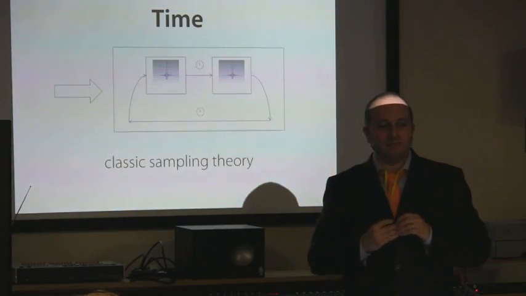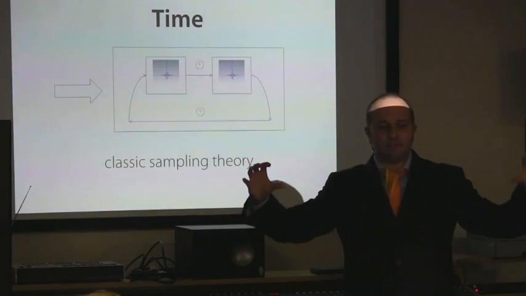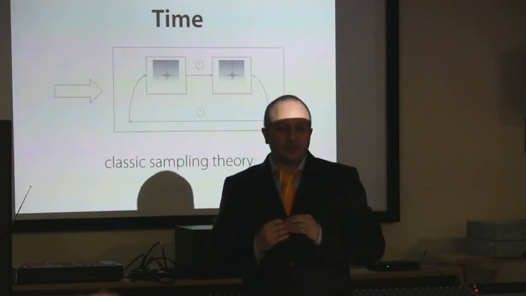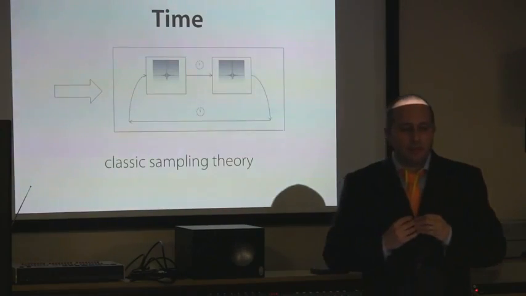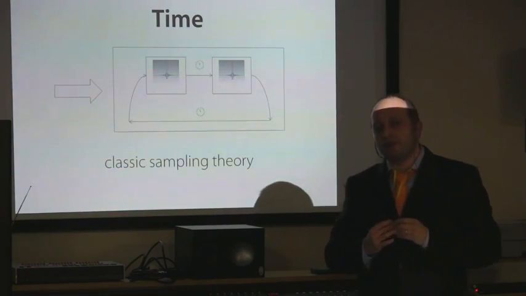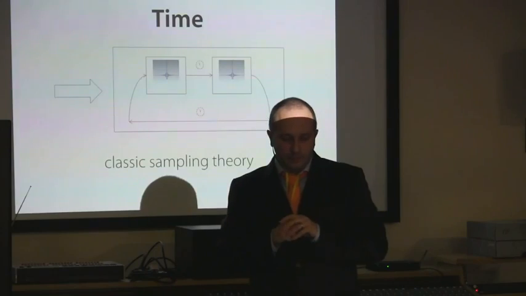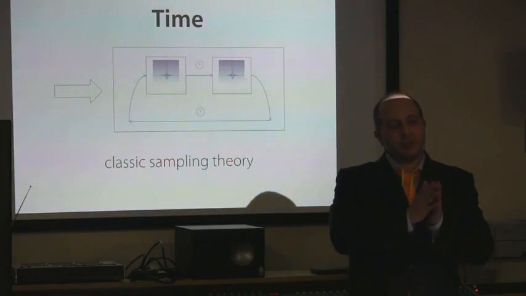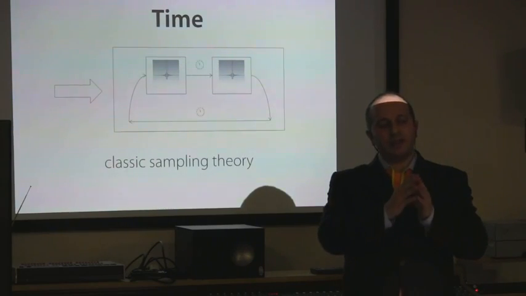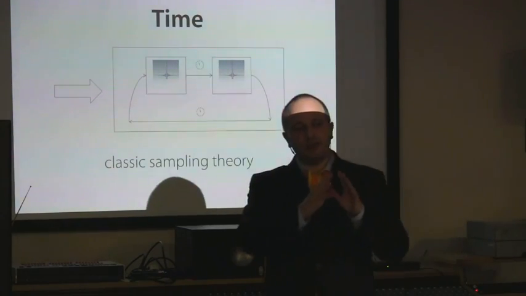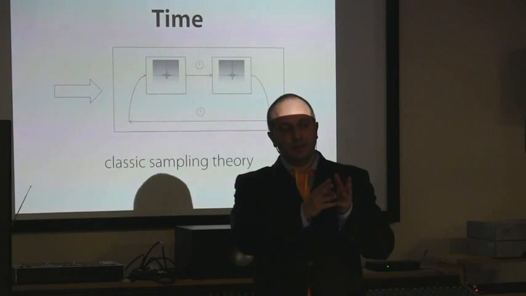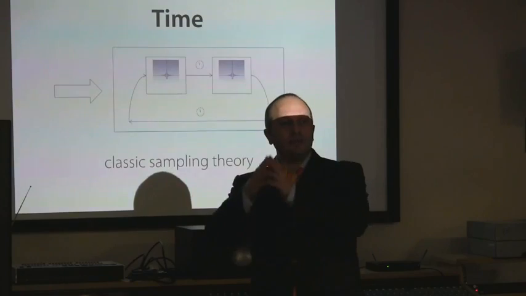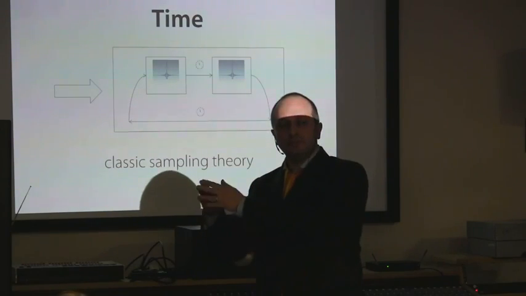It's like discrete sampling, so all theorems of classic sampling theory are working. For example, Nyquist, Shannon, and so on. We have not just one sample. We have a description of the system which is a single sample, and they are put one description after the other, like a sort of movie.